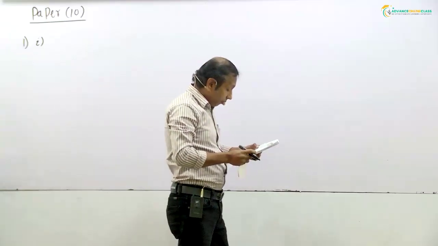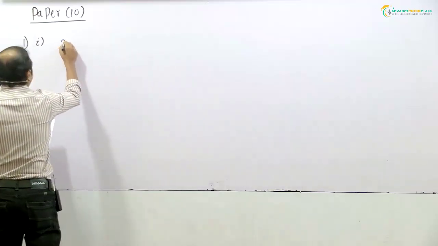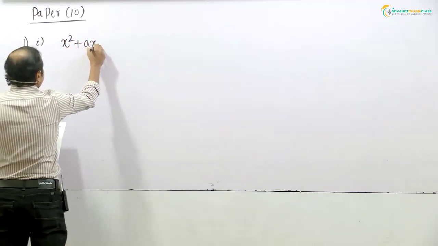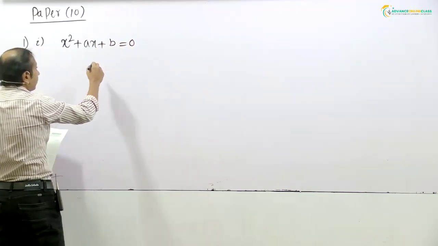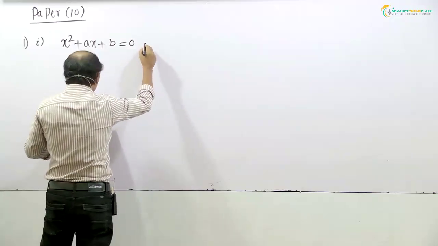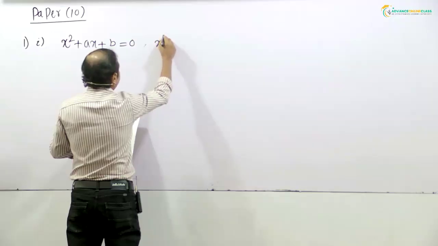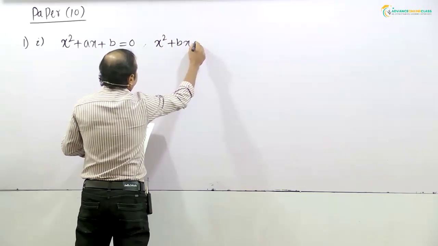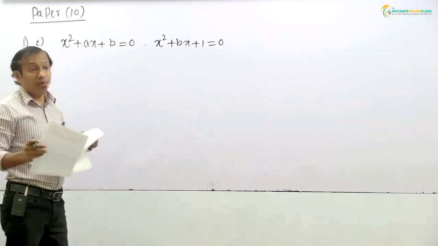The quadratic equation x squared plus ax plus b equals 0, and the other one, x squared plus bx plus 1 equals 0, have a common root.